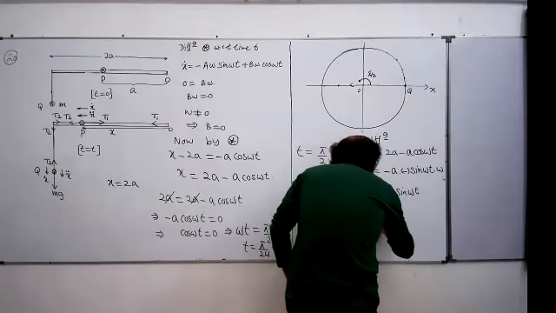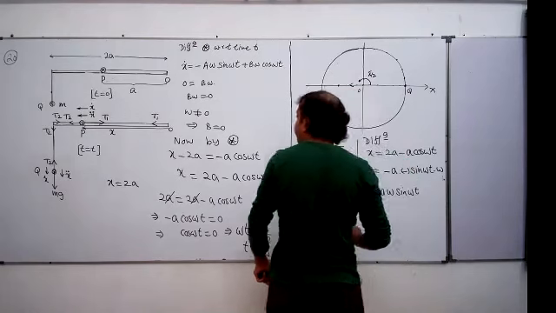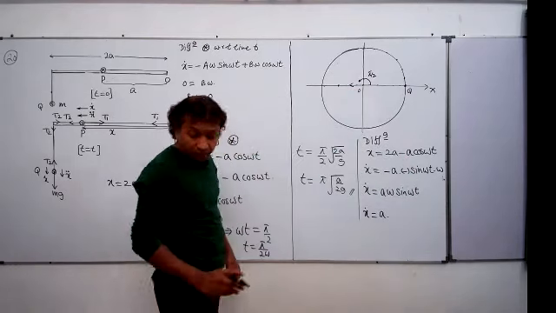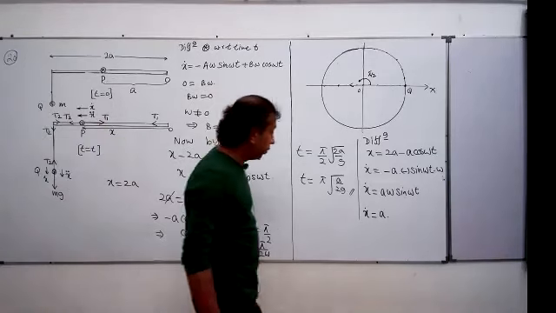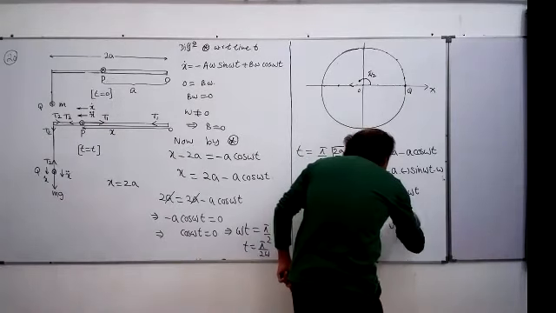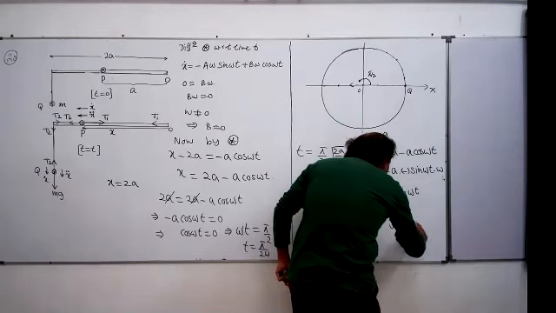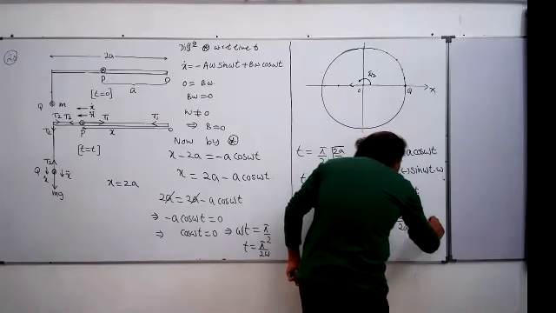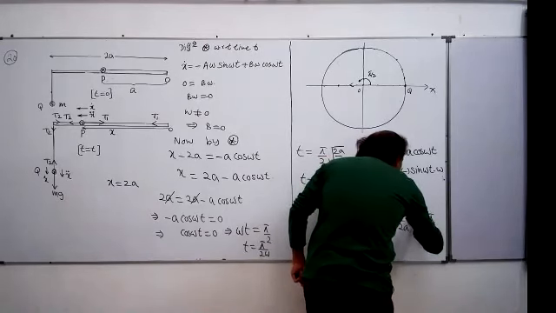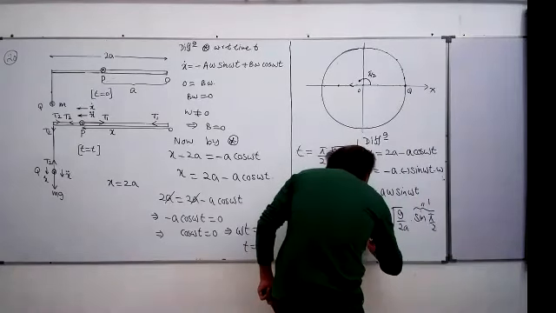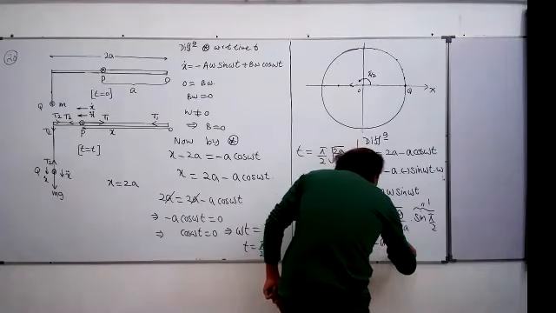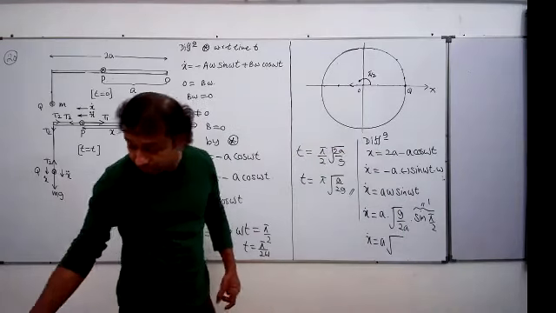x dot is a omega, with omega given as root of g by 2a, and sine omega t is sine pi by 2. Sine 90 is 1, people. Then we get the velocity as a times root of g by 2a.